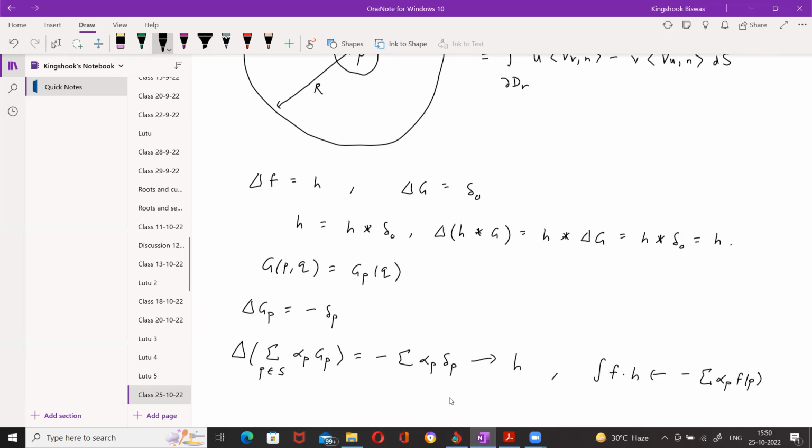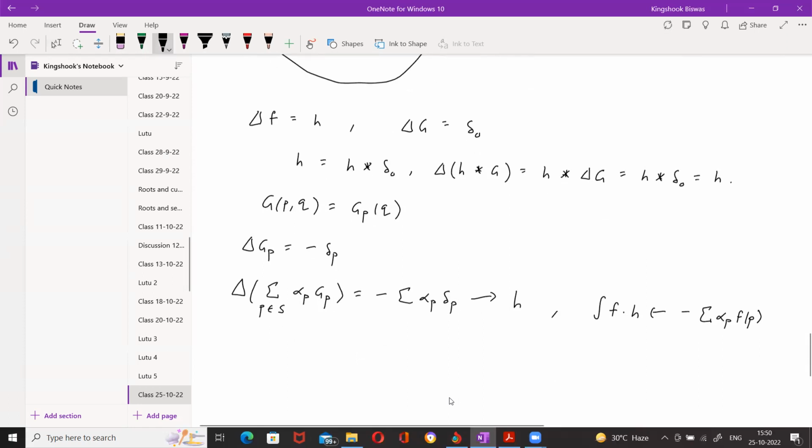Okay, and so this sum converges to the Laplacian of the integral over M of minus h of p g_p.